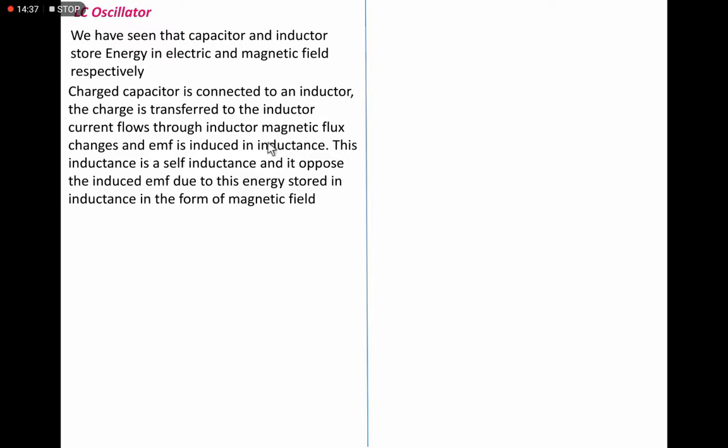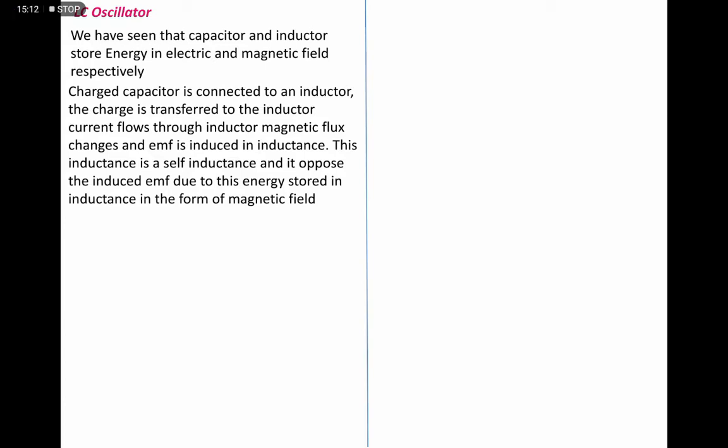This circuit works like self inductance, and we know that EMF generated in the inductance is opposite to the change in flux. Due to this, work is done and energy is stored in the form of magnetic field. Already we studied this mechanism in the previous chapter, electromagnetic induction.